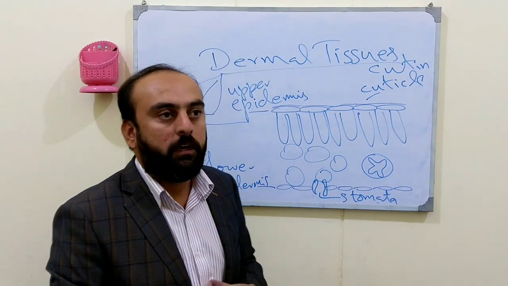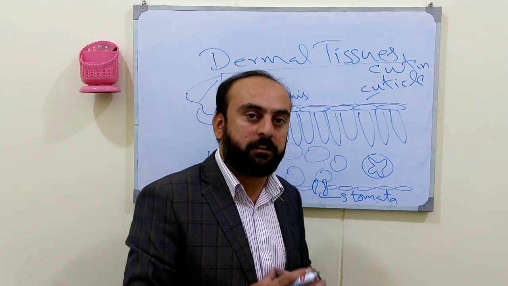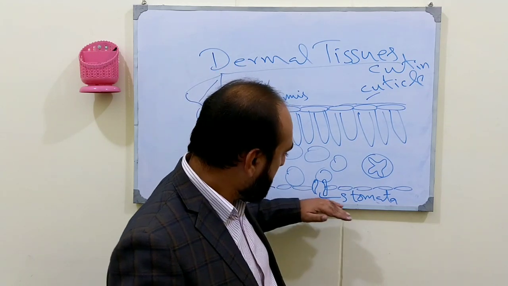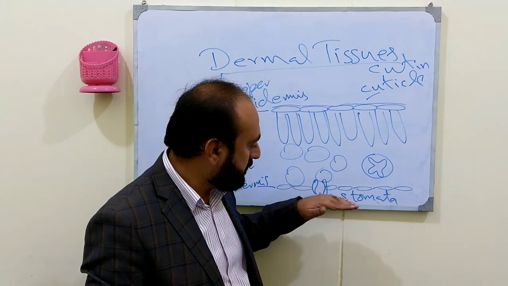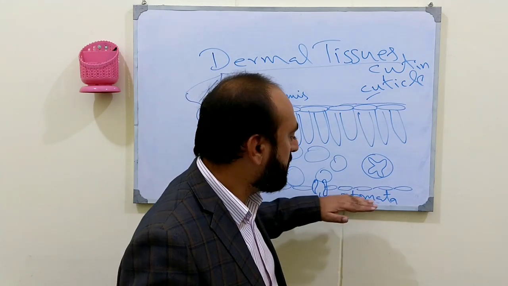Plants lose water in the process of transpiration, and 90% of transpiration is done through these stomatal openings or stomata.